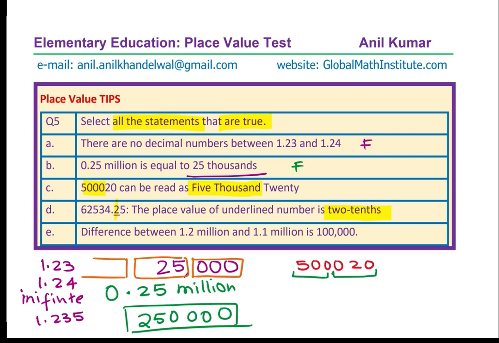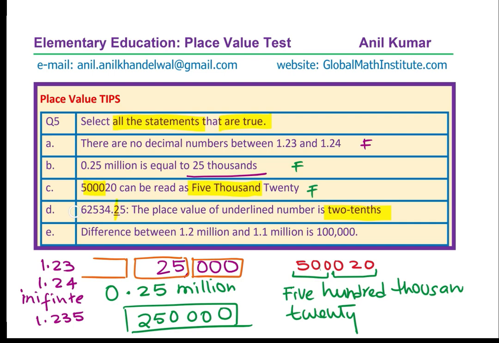So it is 500,000, not 5,000,000, 500,020. Do you understand? So you have to read by set of threes, which is called a period. Otherwise, you make a mistake. So that is also false.